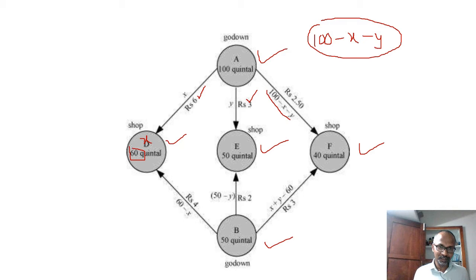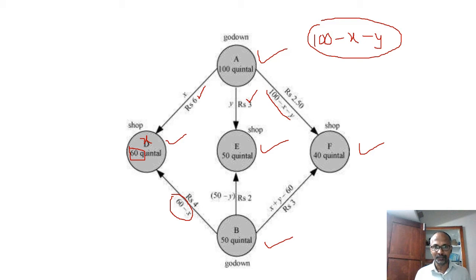X has already come, and what remains? 60 minus X. That 60 minus X should be taken from B. So from here X, and from here 60 minus X. Total is 60. So the requirement of shop D is satisfied.